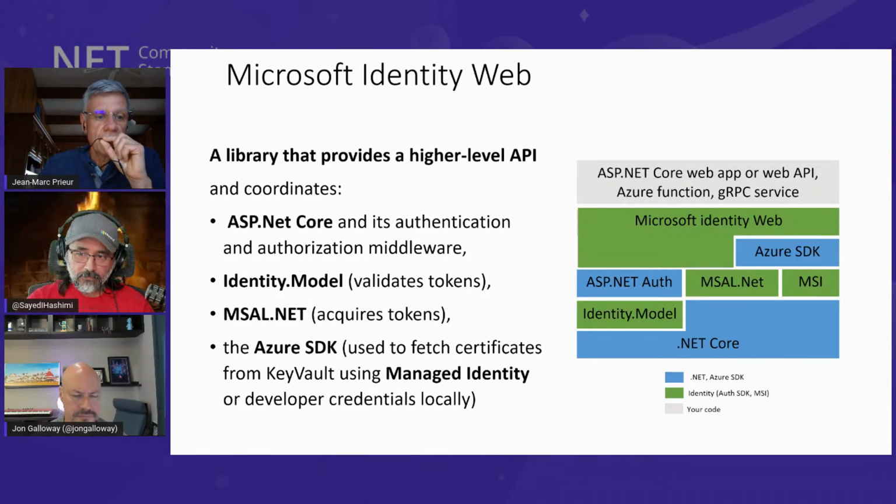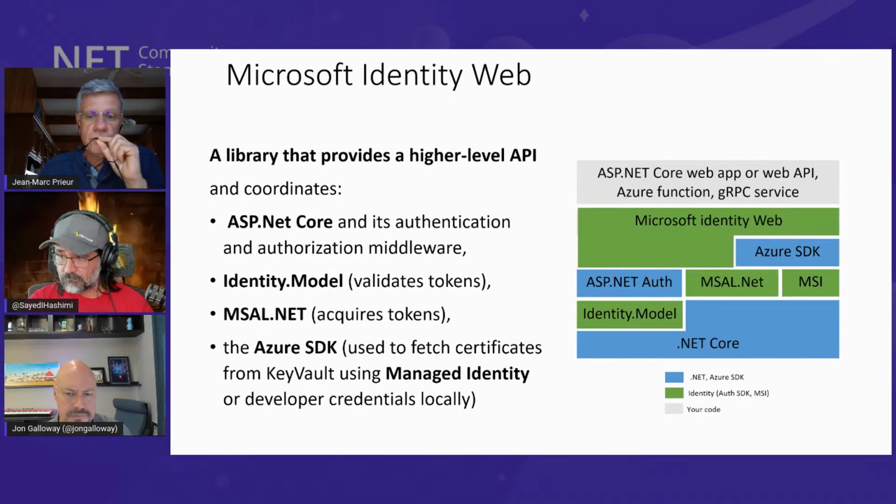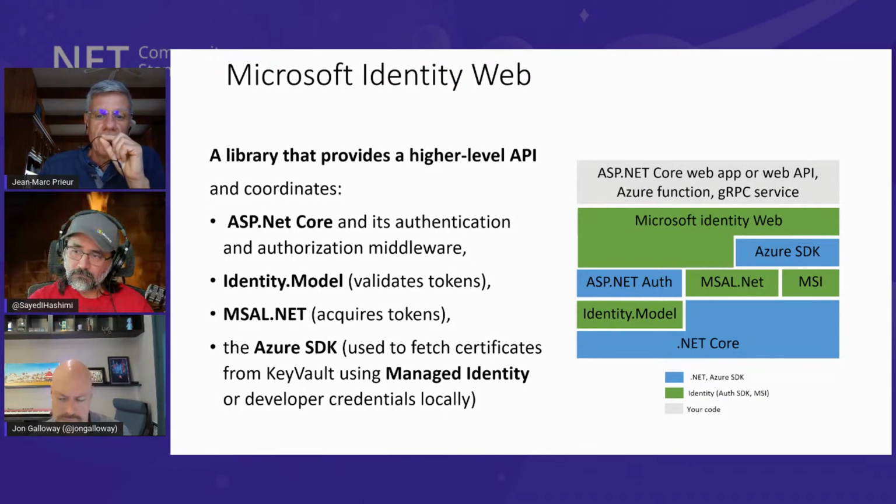So for people who know, I think they will appreciate this slide. For people who don't know anything, that's okay. It's just to give you an idea of this layer, Microsoft Identity Web, makes it easy for you to consume a number of technologies related to identity that you really don't want to code yourself. You don't want to write this glue code. And on top of that, that's your application. So that's a bit for the presentation of Microsoft Identity Web, and we'll see it a little bit in the demo.